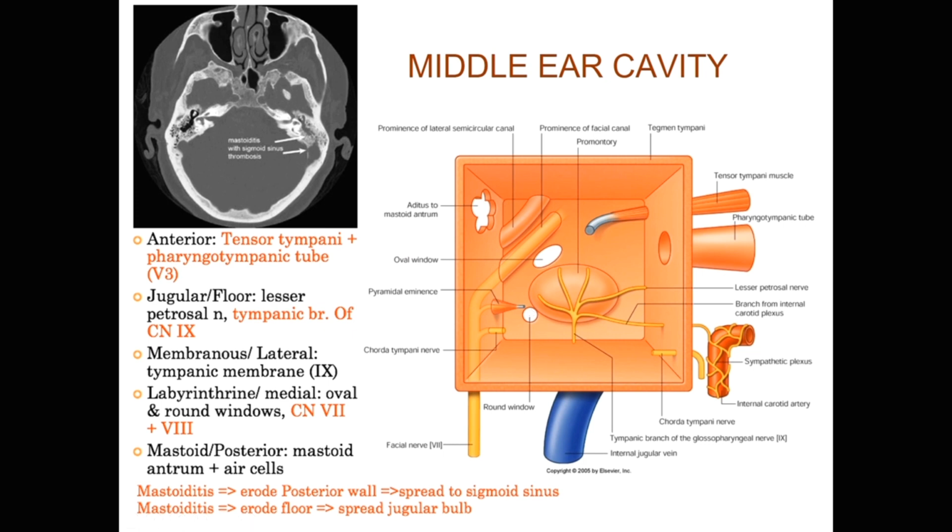I'm not going to go into super detail as far as this picture, but this is a nice picture to look at what it looks like inside the middle ear and what's on each of the walls. So the middle ear cavity houses a lot of different things, such as the facial canal, where the facial nerve runs. The chorda tympani passes through here, right behind the tympanic membrane, so you can damage that if you pierce the tympanic membrane.